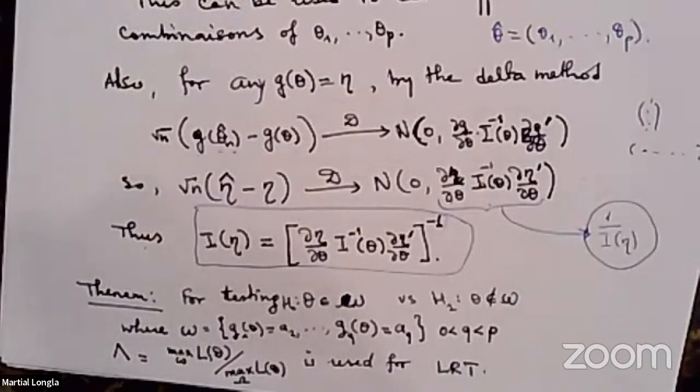And here, our set omega can be defined as J1 of theta equals a1, all the way down to JQ of theta equals aQ, for Q less than p. So we want to test Q equalities, with Q less than p, okay?